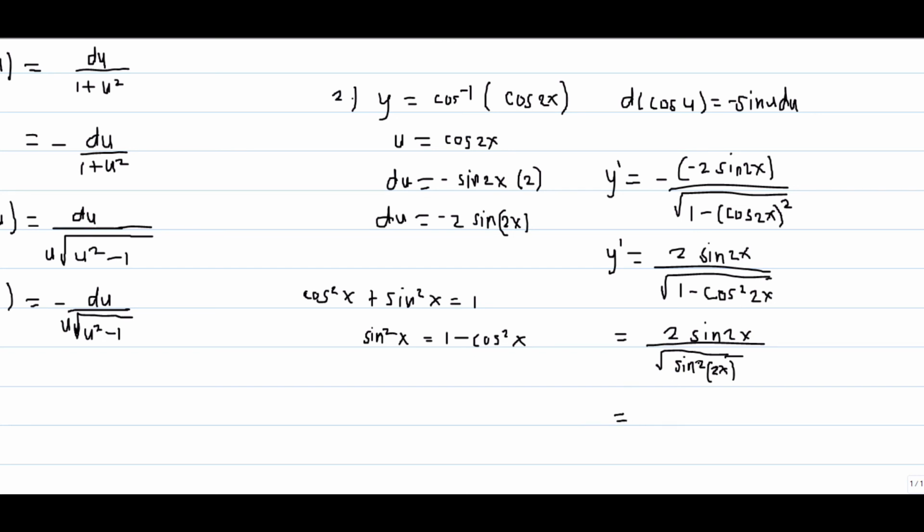Since we have the square here, we can cancel the radical symbol and the square, and then we obtain sine 2x over sine 2x.